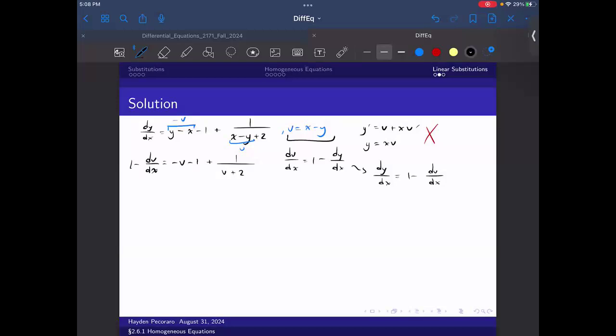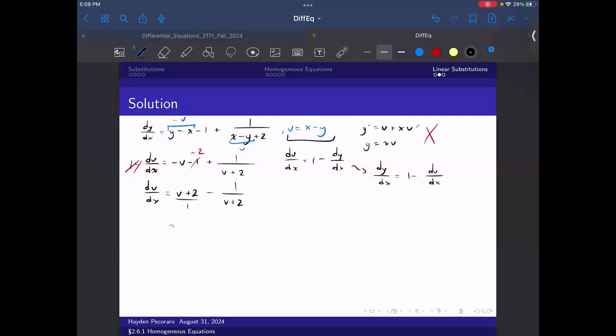So now we can go ahead and start simplifying. This looks like it'll be separable. Is it? I don't know, maybe. So let's subtract 1 from both sides. That'll make this a minus 2. And then if I multiply everything by minus 1 to get rid of the minus there, I'll get v plus 2 minus 1 over v plus 2. All right. And then, let's combine fractions here.